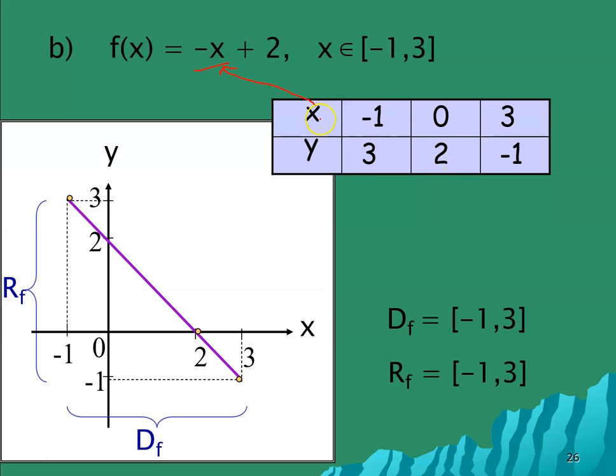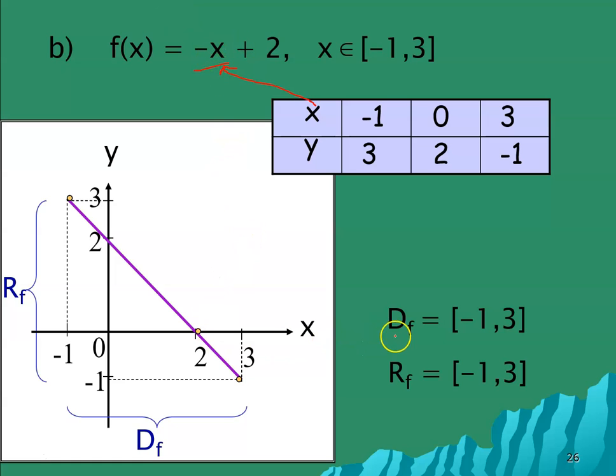Okay, remember x is your domain, x over here, and then this is your range. Okay, but this range is not fixed yet, since we want to know the true domain and range, which include all the possible values of x.